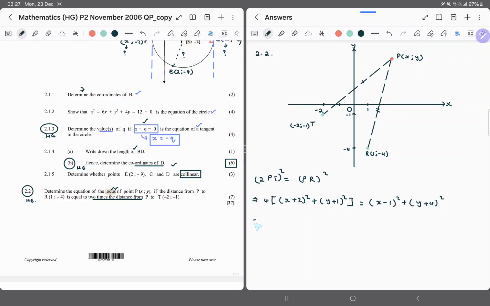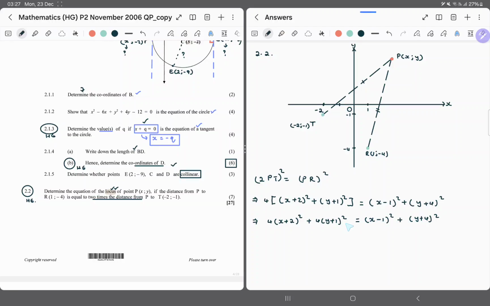Alright, so we just simply sort it out now. What do we have here? So we basically have 4 into x plus 2 all squared plus 4 into y plus 1 all squared equals x minus 1 all squared plus y plus 4 all squared. Okay, it looks like we're not really getting anywhere, are we?